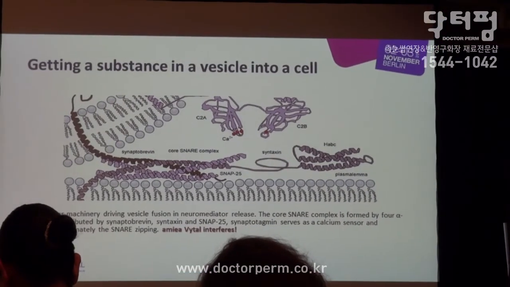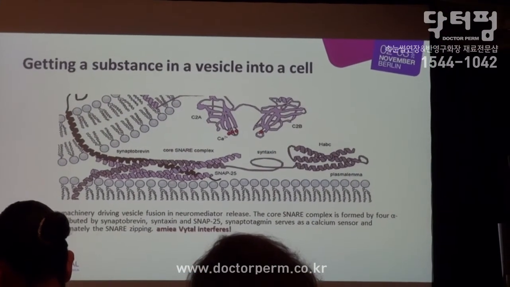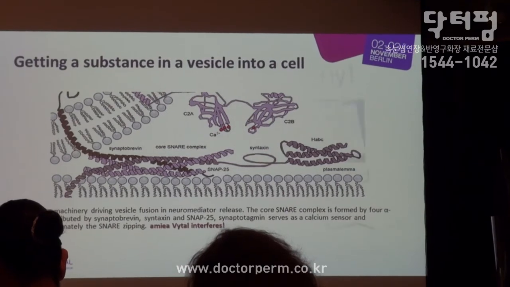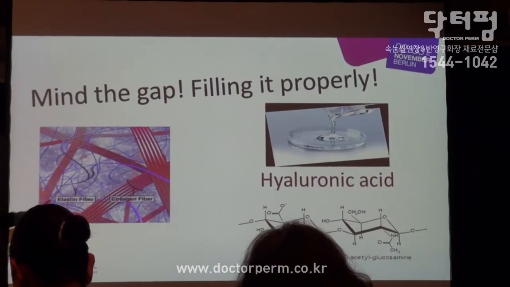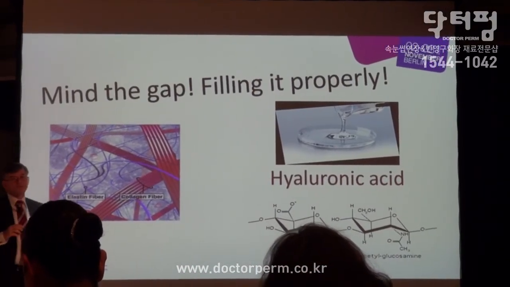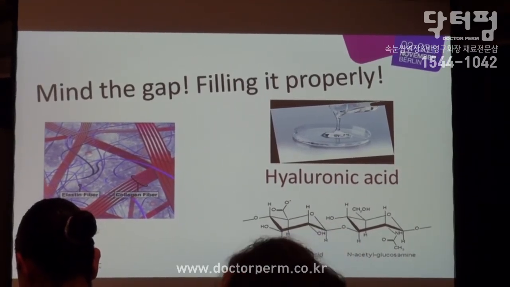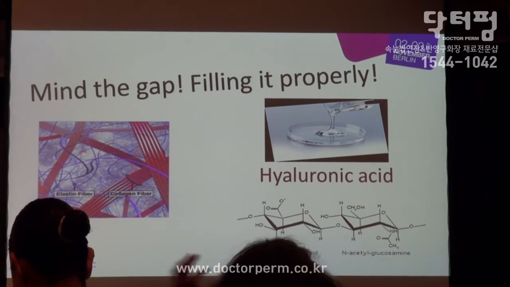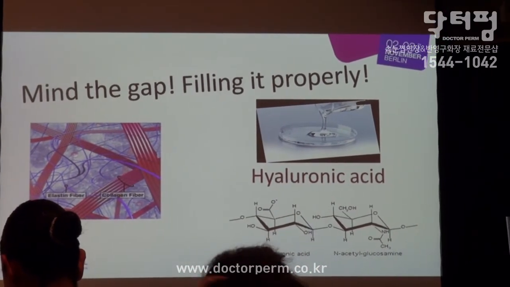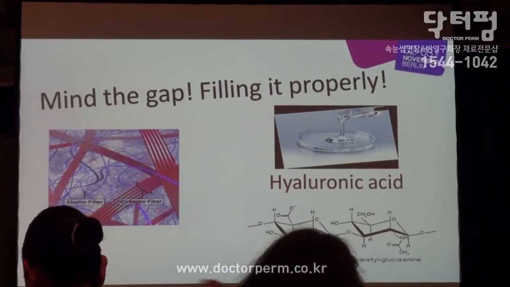When this blocks, you will get more room, more space between the smooth muscles in the skin, and you have to fill it. Otherwise, you will have gaps, and you have to fill those gaps.